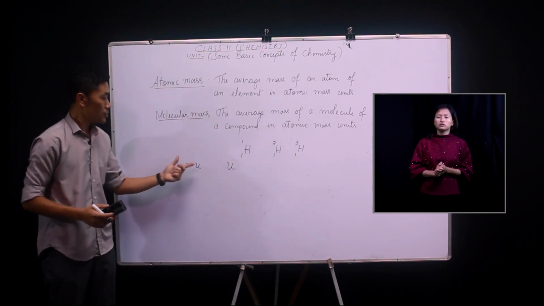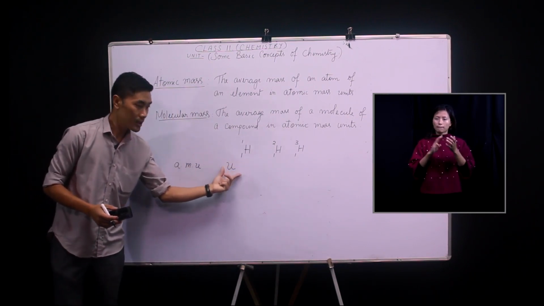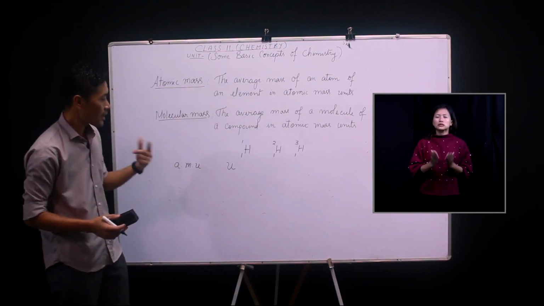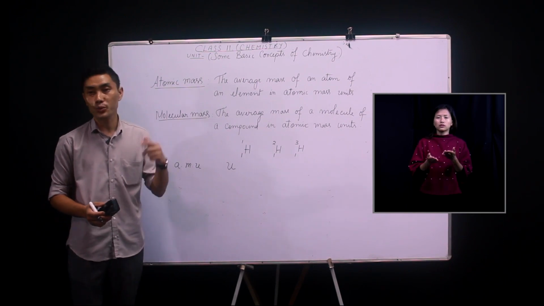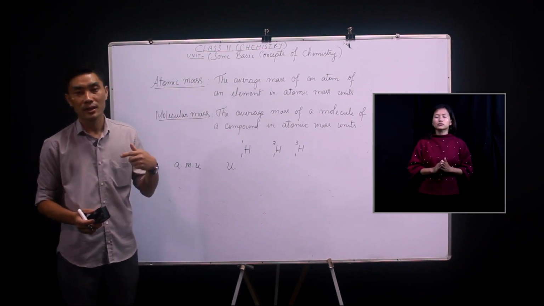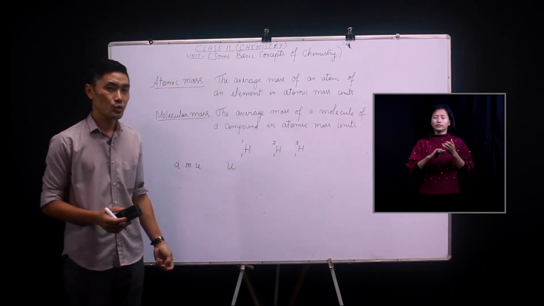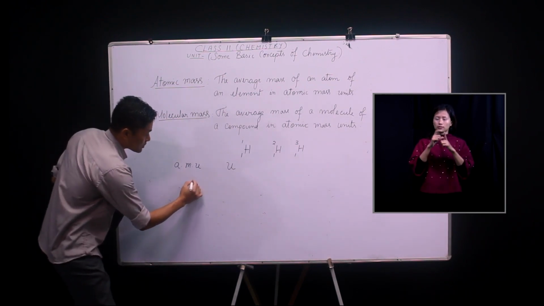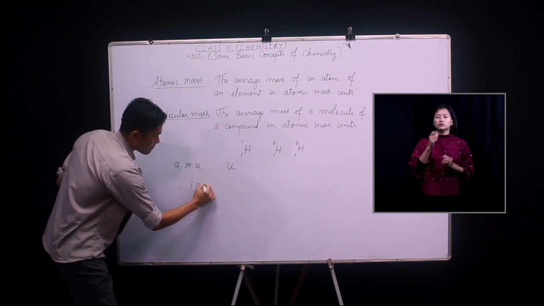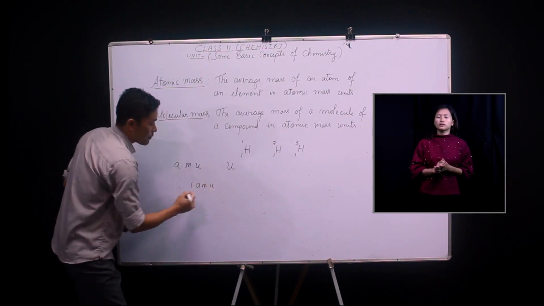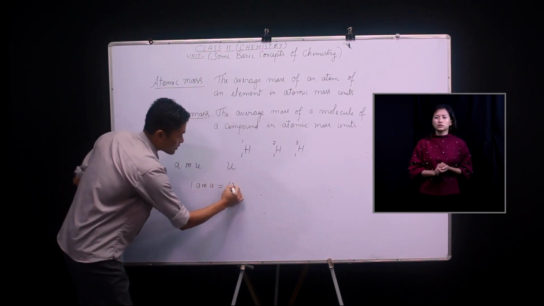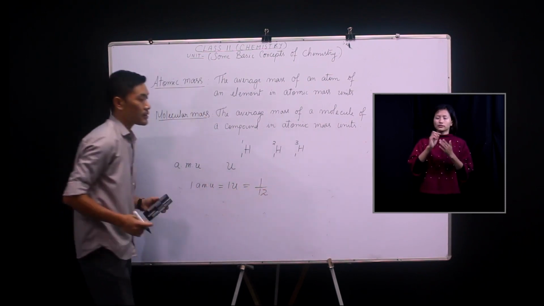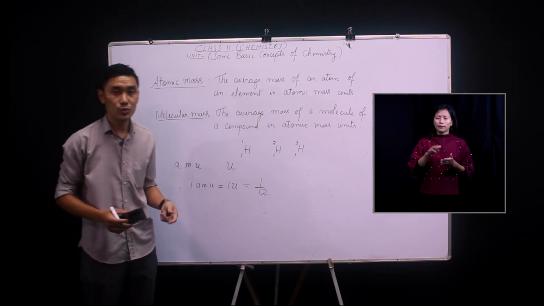Atomic mass unit or unified mass represents the mass that is exactly equal to 1/12 of the mass of a carbon-12 isotope. So one atomic mass unit or one unified mass will be equal to 1/12 of the mass of an atom of carbon-12 isotope.